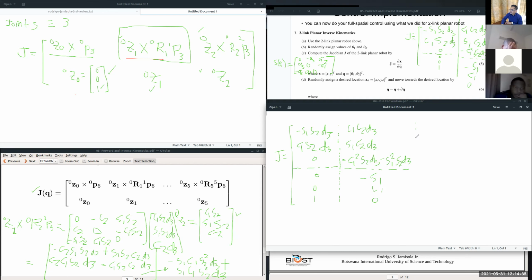Okay, so now the third column. What is it? Minus C2 S1 S2 D3. Hold on.